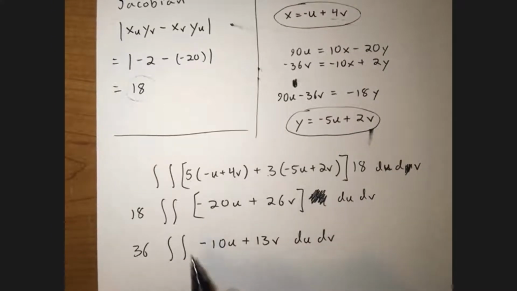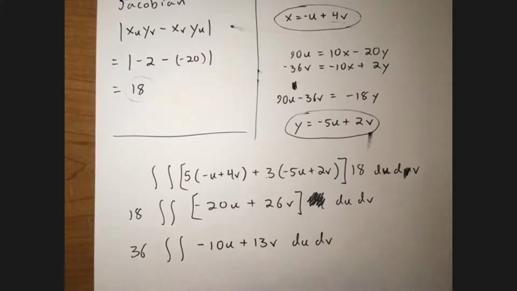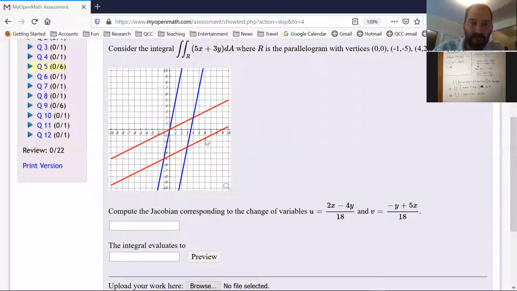Now, what are these bounds? For these bounds, we have to go look at the picture. This blue line on the left, what is the equation of that line?